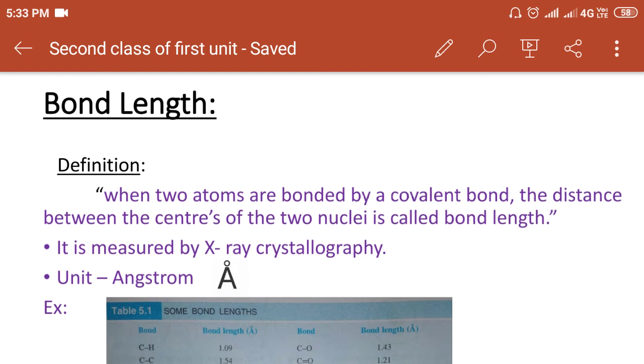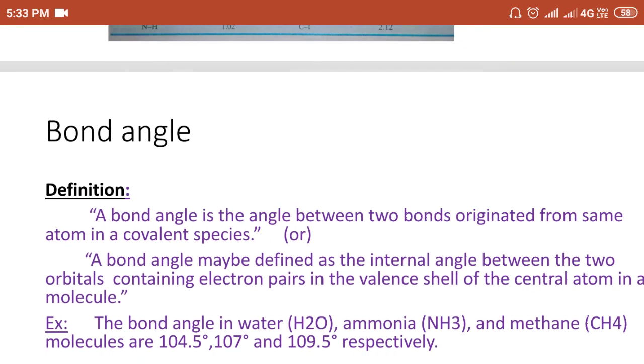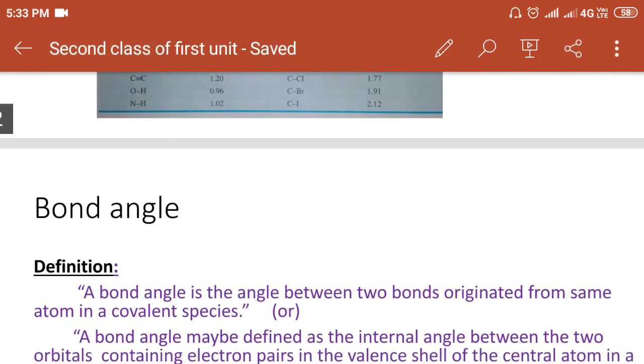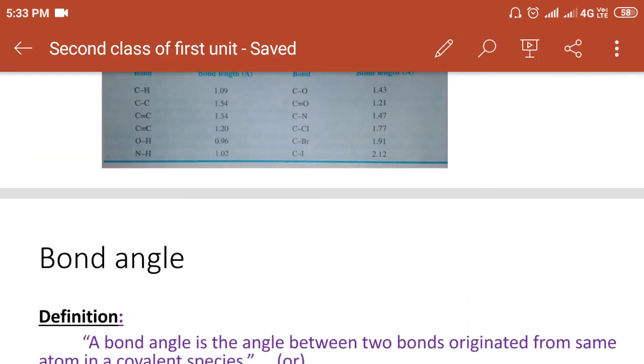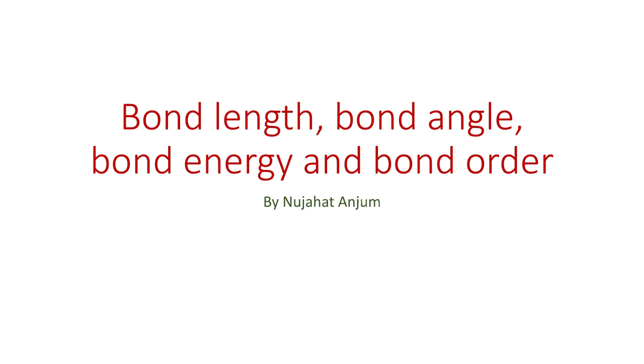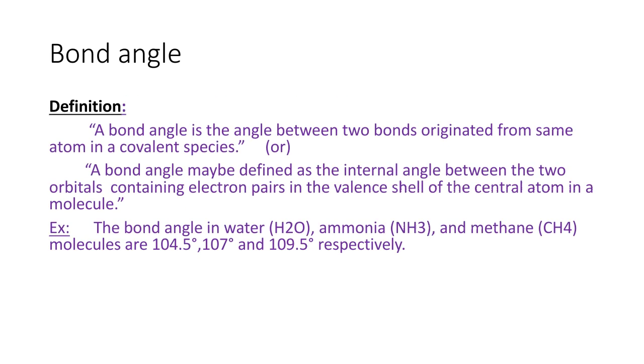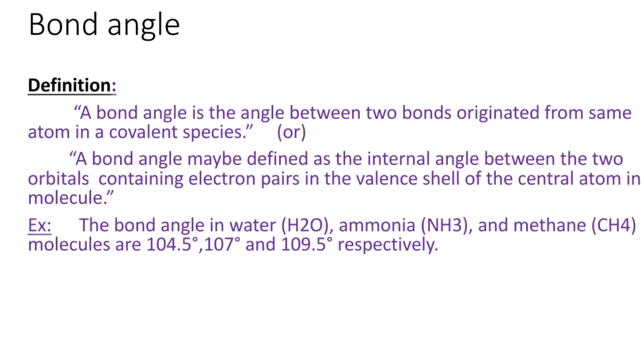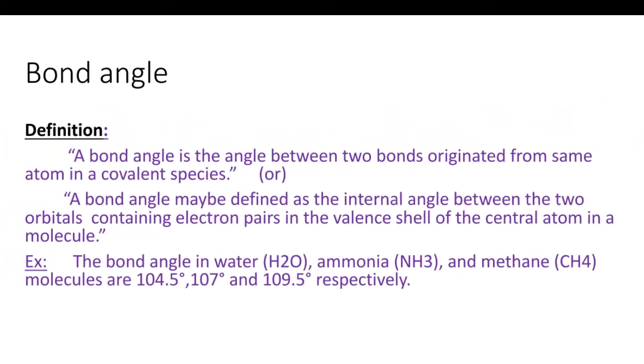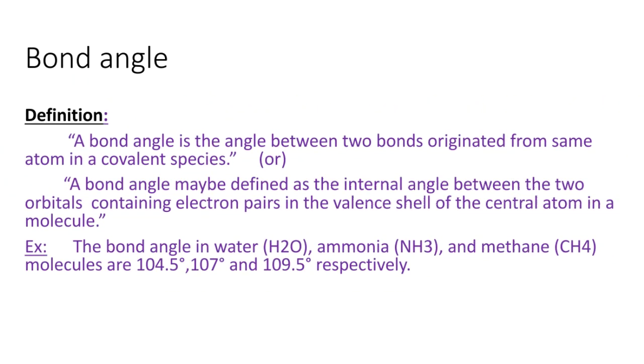Now we will discuss bond angle. The definition of bond angle: the bond angle is the angle between two bonds originating from the same atom in a covalent species.